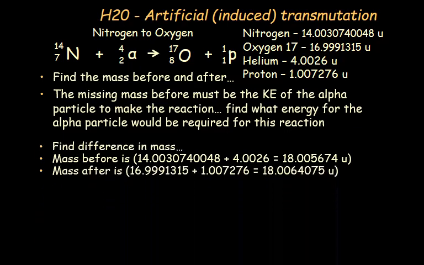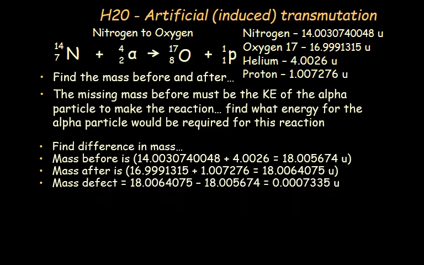And when we find the difference in mass, the mass afterwards is the oxygen plus the proton, and we've got that. And so the mass defect is 0.00073335 U.